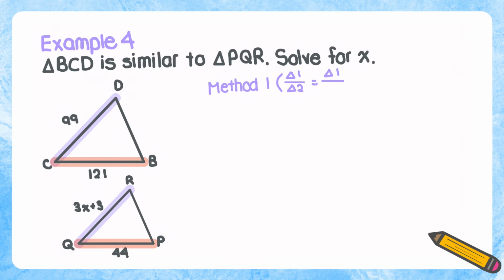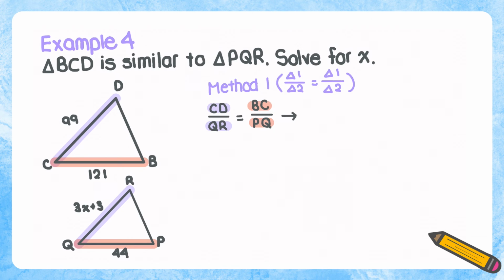Method 1 is where you batch based on corresponding sides. On the left side, we have side CD over its corresponding side, which is side QR, equals the other set of corresponding sides. So side BC over its corresponding side PQ.